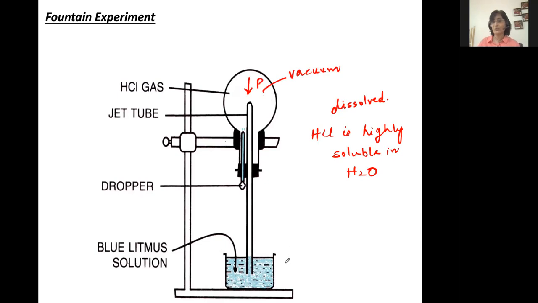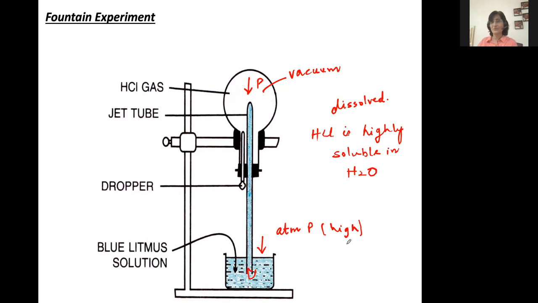As soon as the pressure goes down, what happens? The atmospheric pressure will try to go in, right? So this atmospheric pressure that's high will try to go inside the round bottom flask through the blue litmus. And there you go, the blue litmus jets into the jet tube.